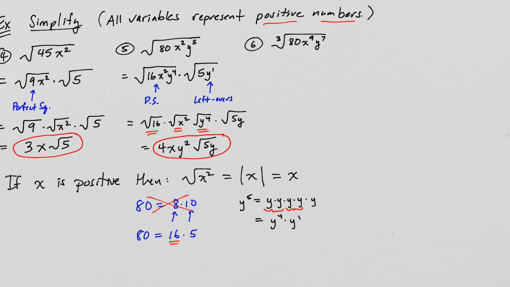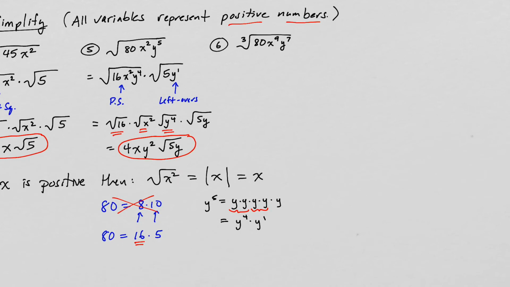Okay, so for the next example, it's very similar, except that you need to be careful because now we're looking at a cube root. So we need perfect cubes, okay? Perfect cubes come from something multiplied by itself 3 times. Obviously x cubed is a perfect cube, but so is x to the 6th, because x to the 6th would be x squared cubed.